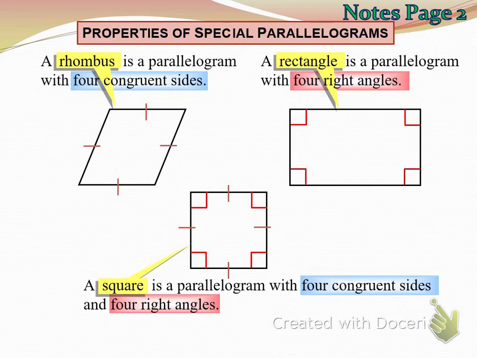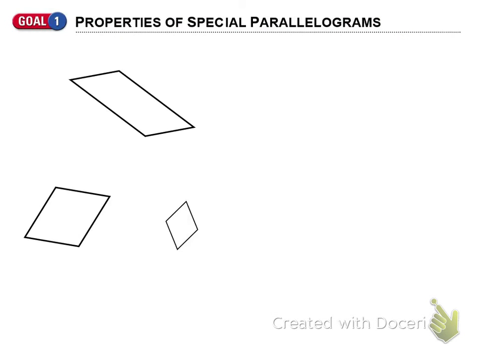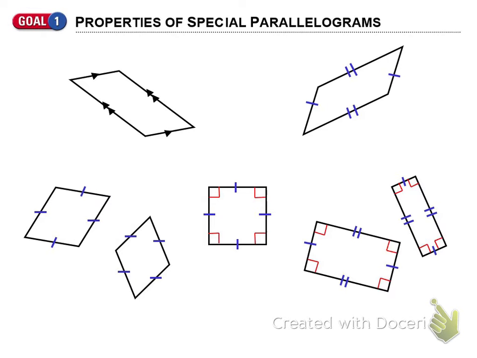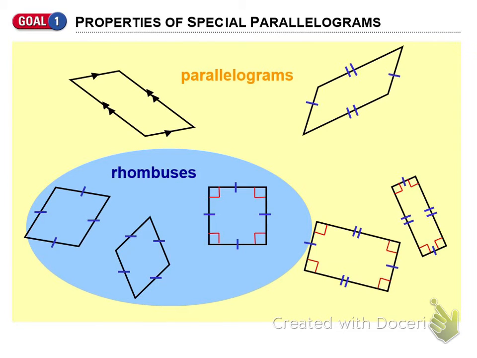I'm going to show you a Venn diagram to explain more about the square, rectangle, rhombus relationship. So all of these are quadrilaterals, and all of them are parallelograms for various reasons. All of them have the 4 properties that we talked about at the beginning. Rhombuses have all congruent sides. They have extra properties in addition to the 4.